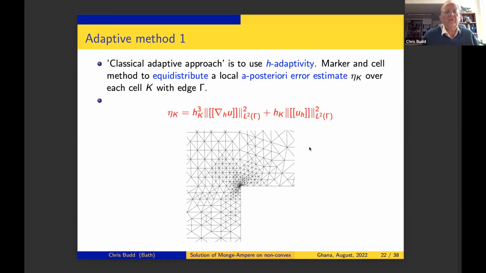I've shown underneath a typical mesh that you get when you do that, which I personally don't particularly like. It's quite irregular. Yes, it's refined close to the corner, but there's no niceness. It's not particularly symmetric, and there's no good grading in there. So whilst that would give you low errors, it's hard to construct, and the errors are going to be increased by the lack of regularity. So that's the classical adaptive method for this problem.